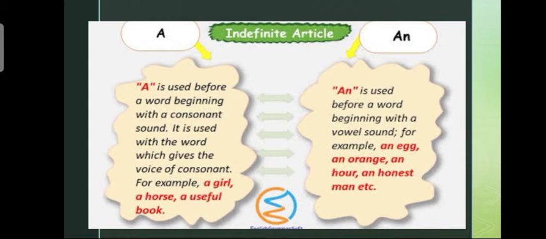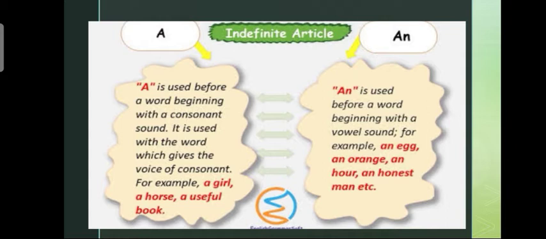I told you that we use A before a word beginning with a consonant, but actually you have to check the sound of the word also. So, precisely we use A before a word beginning with a consonant sound.